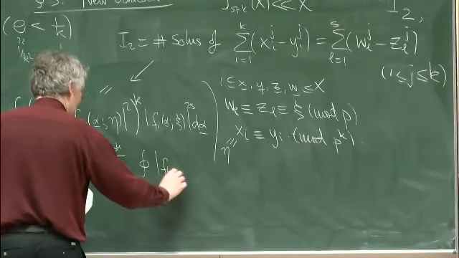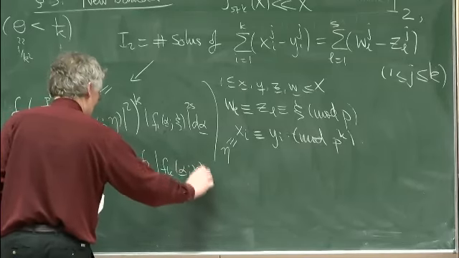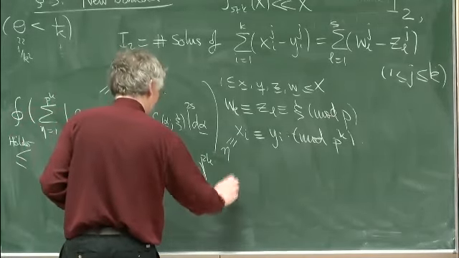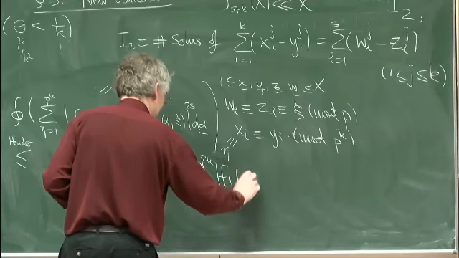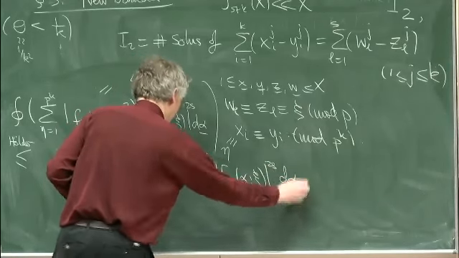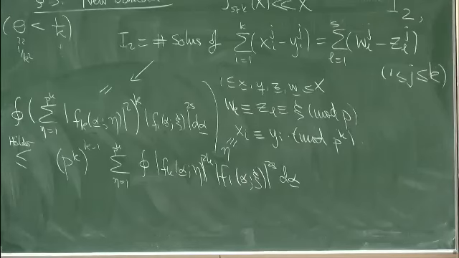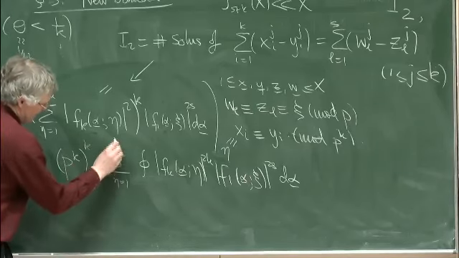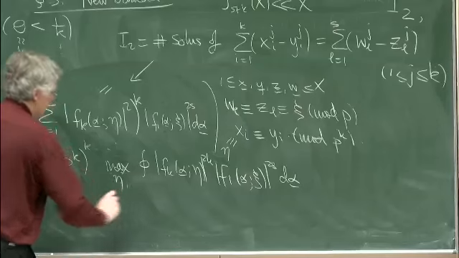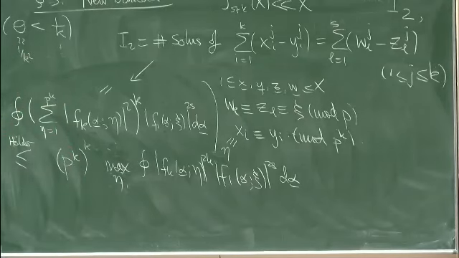And then I can convert that sum over eta into a max if I like, which simplifies things. Okay, so that's an upper bound, and if I get rid of this sum and put in a max, then this is really an upper bound that I have here.